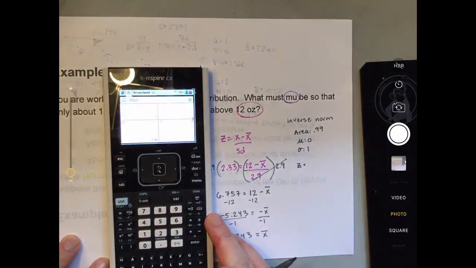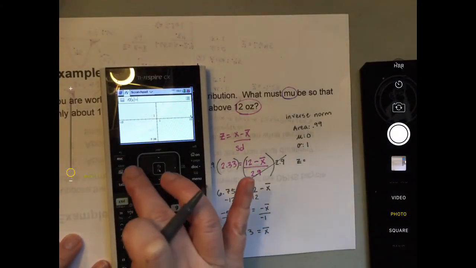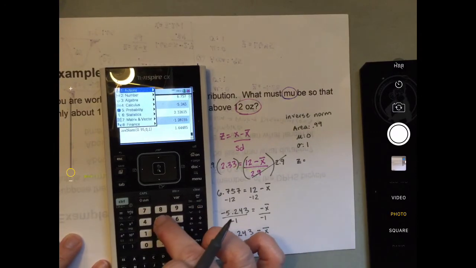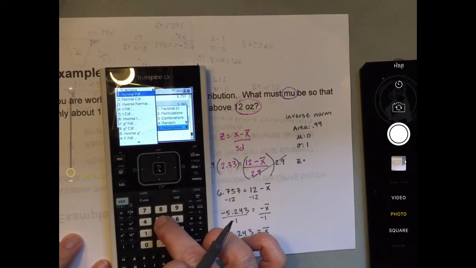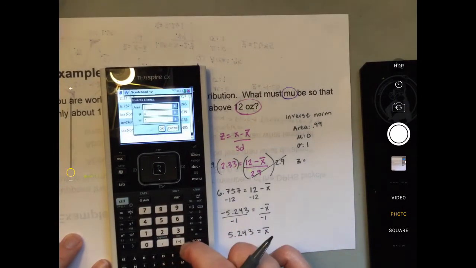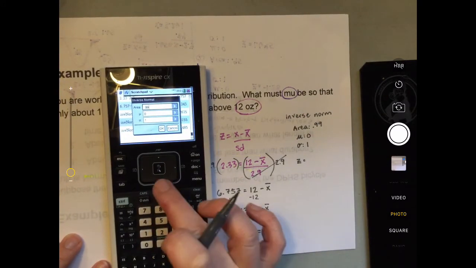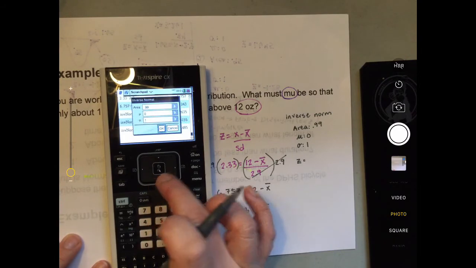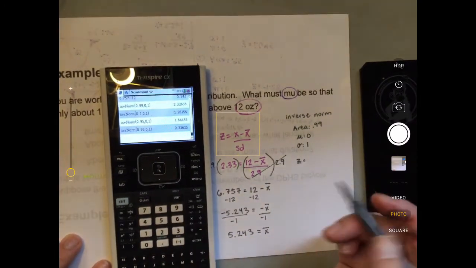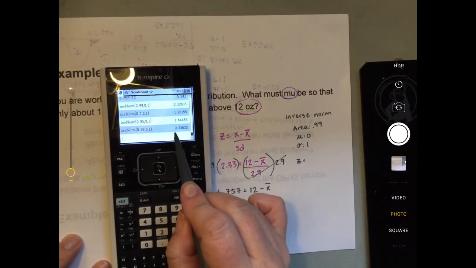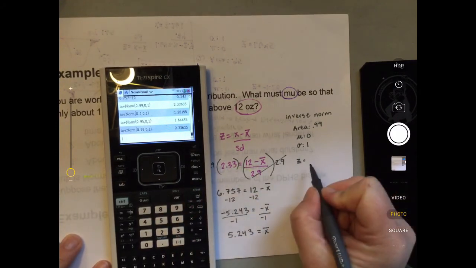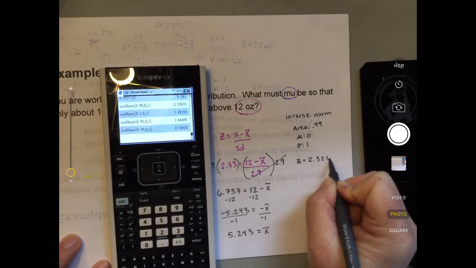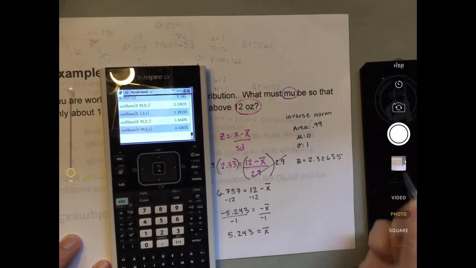So, oops, let's go back. Okay, menu, probability, distributions, inverse normal. Area is 0.99. Mu is 0, sigma is 1, and I press OK. And yeah, look, that's almost exactly what we got. This is a little more accurate with the calculator, but we get 2.32635.